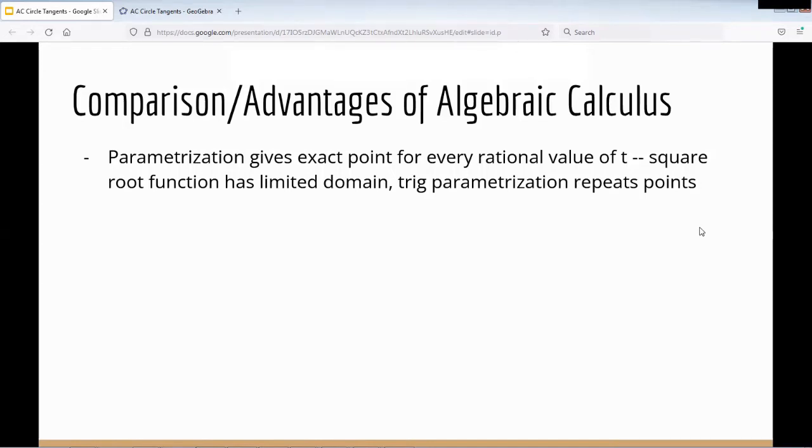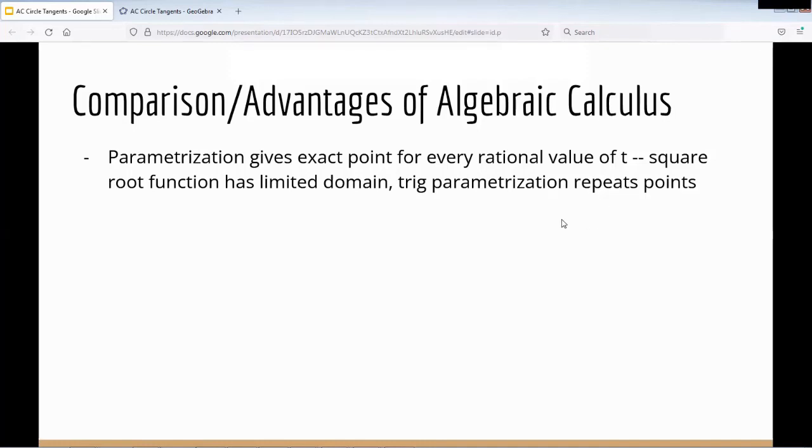Whereas if we're using the square root or trig functions, we are necessarily dealing with approximations, because those functions end up being a kind of infinite algorithm that you have to stop at some point, and that's what your computer is doing. Otherwise it would just crash every time you try to take a square root or a sine or a cosine of something.